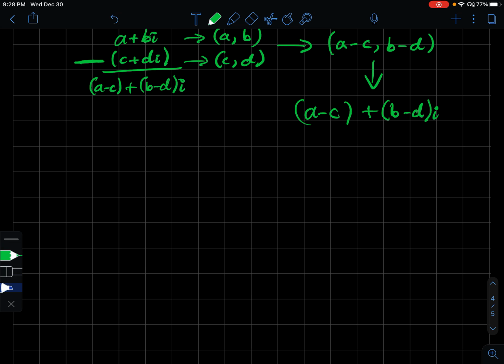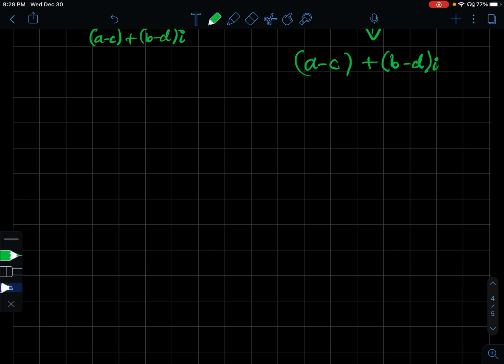And there is a visual representation of multiplication and division, but we're not going to be doing that because it requires a decent amount of knowledge of polar coordinates and the exponential form of complex numbers.